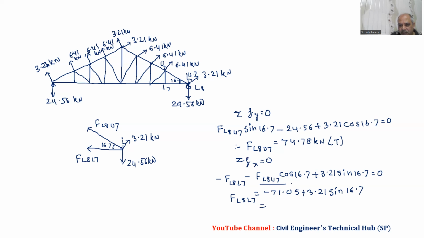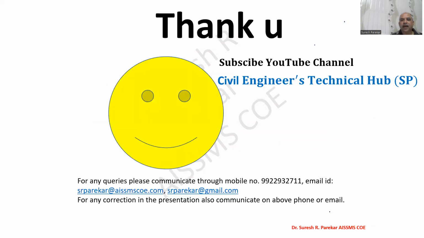So we have 71.05 minus 3.21 into sine 16.7, and then we have this value 70.12 kilonewton compression.